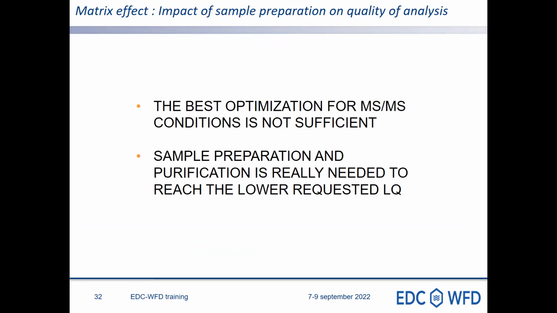You also need a strong focus on the sample prep. We have shown you before that we have so many matrix effects and so many interfering compounds, and even if we have implemented a strong purification process, we nevertheless still had some. So this is our message.